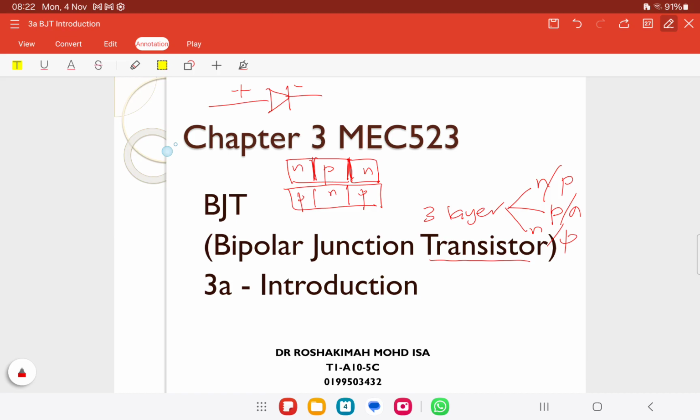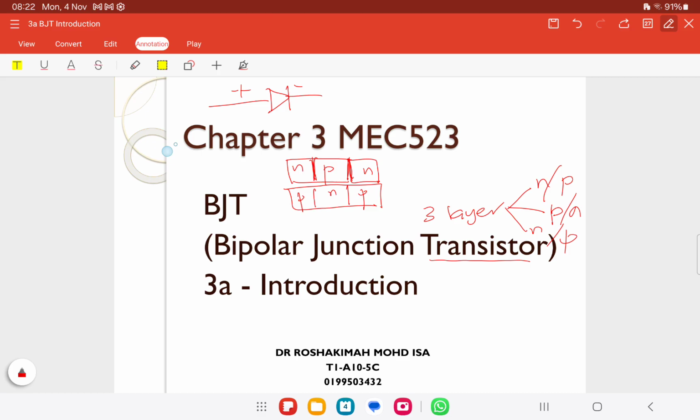And also penting dalam signal processing. Okay, used in electronic circuit for amplifications, switching, and also for signal processing. Okay, used as switch in oscillator, in temperature sensing.